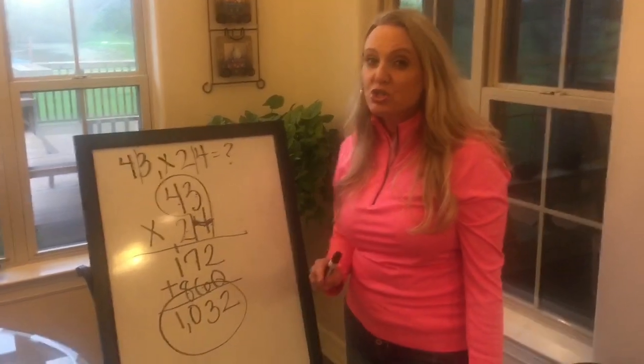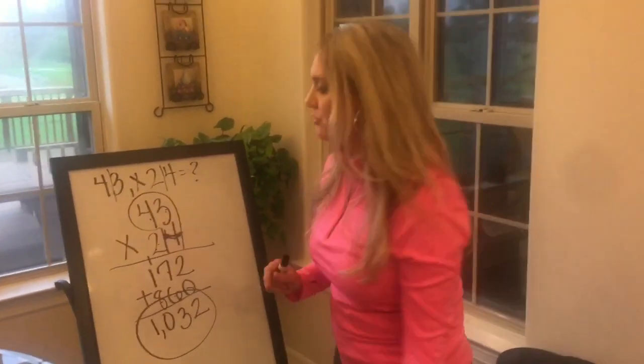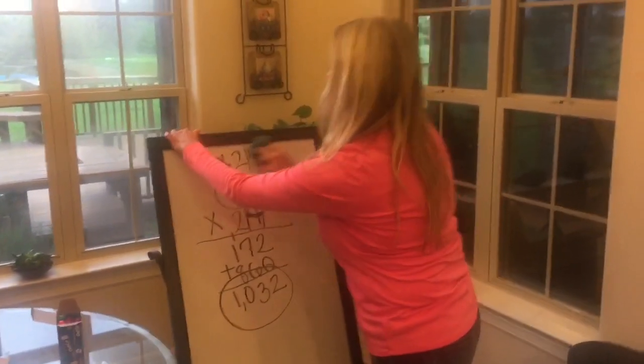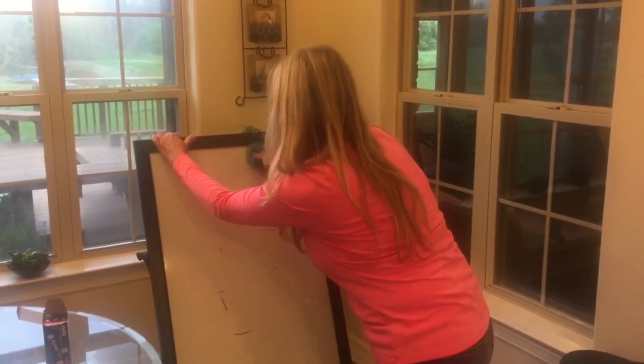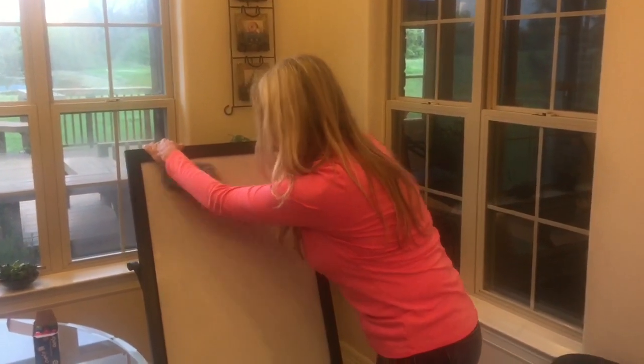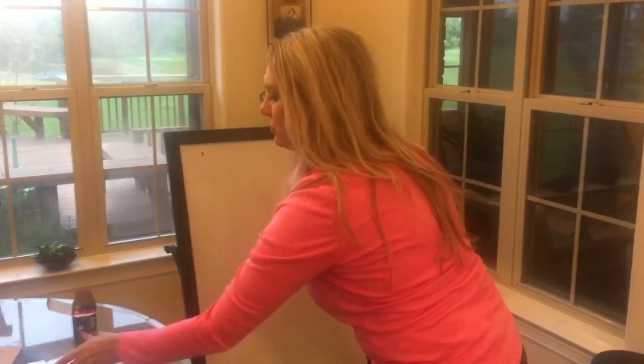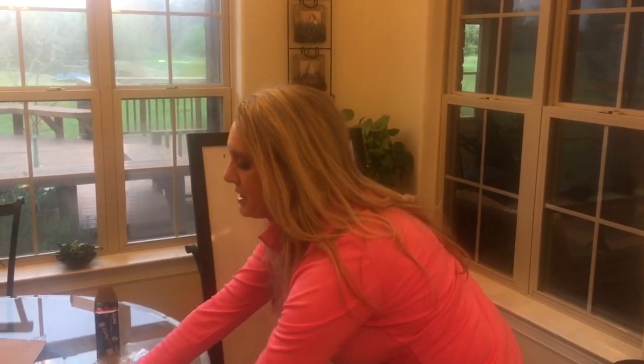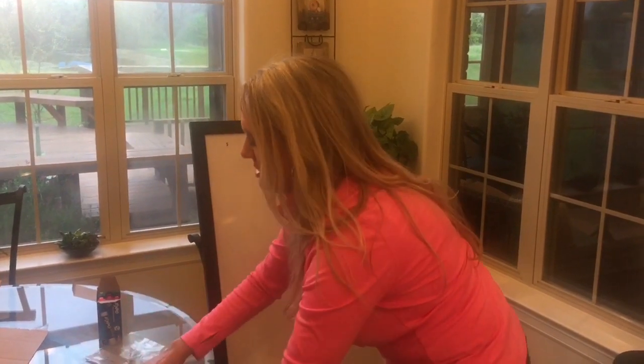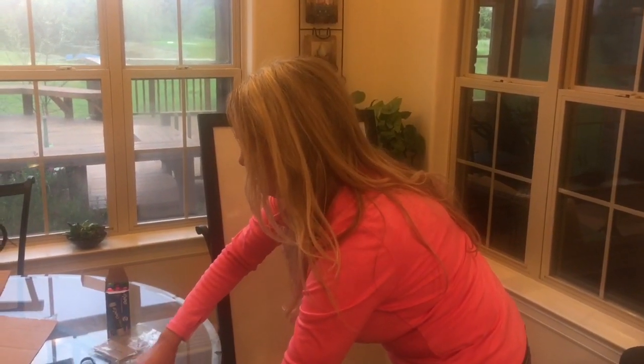I want you to also multiply a couple of other different ways today. So, this year, we've learned up to 4 by 1s. So while you're practicing at home, maybe this time we'll take cards.